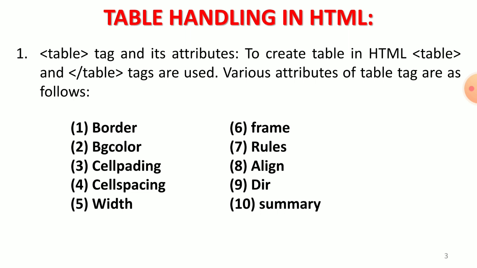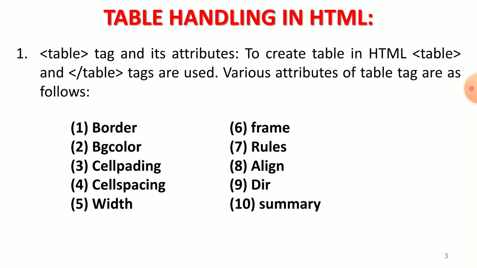Seventh, rules. This attribute controls the presentation of inner borders of the table. Eighth, align. This attribute indicates alignment of the table on the left side, right side or center. The left value of the align attribute aligns the table to the left side by default.